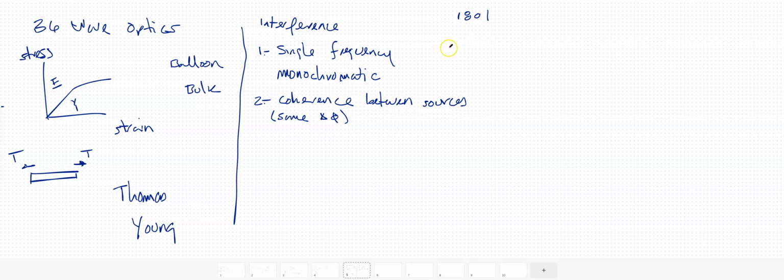There were no lasers, there were no spectral lamps. He only had candles, and a candle is not monochromatic, and certainly if you take two candles, you won't get coherence between the two candles, right? So the way he fixed this is he took the candle, yes, but then he put a filter, right?